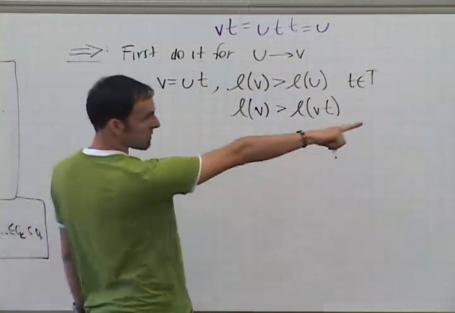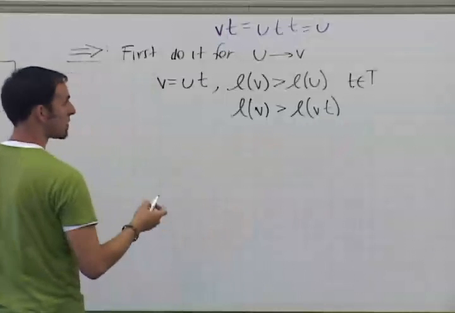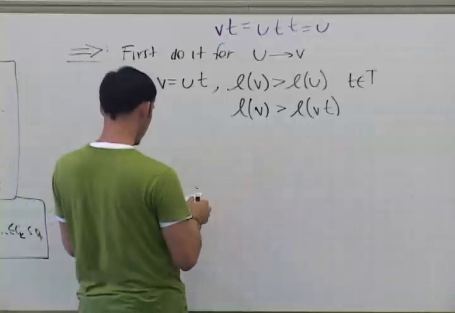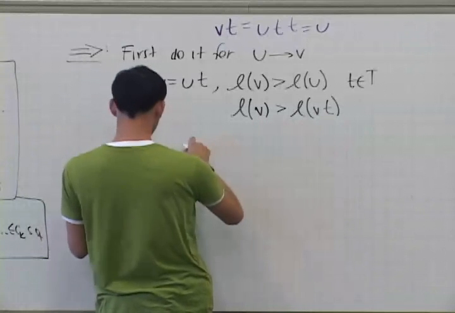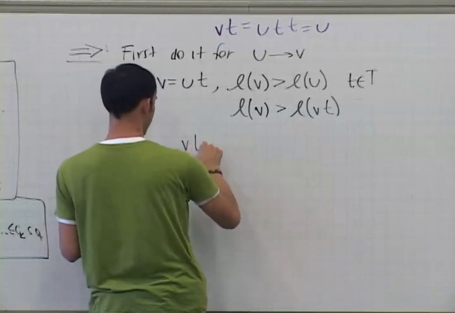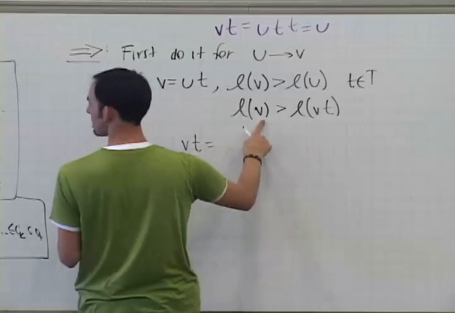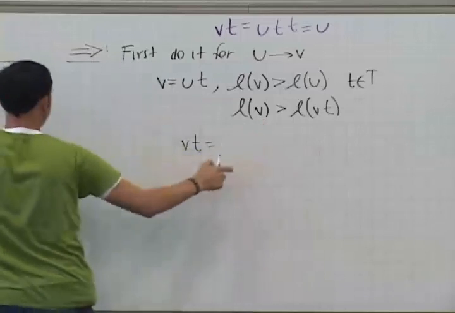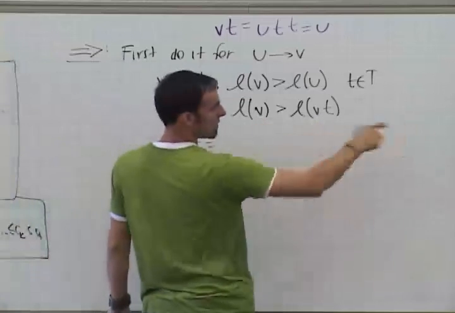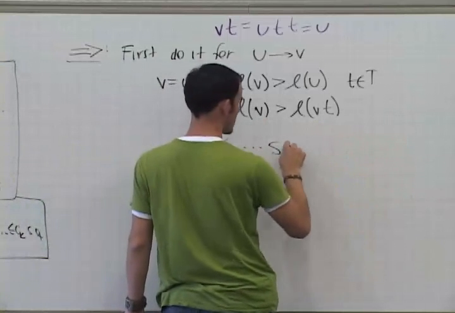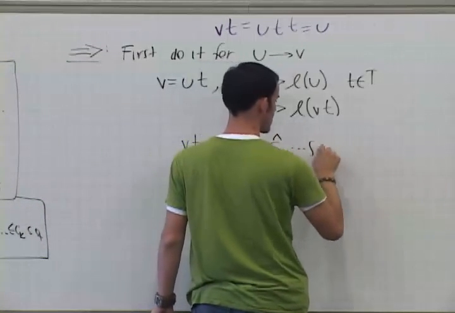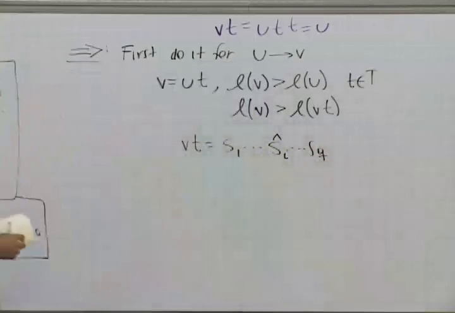And now I am in that situation. So I can say that Vt can be written as, V is given by S1 up to Sq, and so Vt can be written as S1 ... then I get rid of S_i ... Sq.